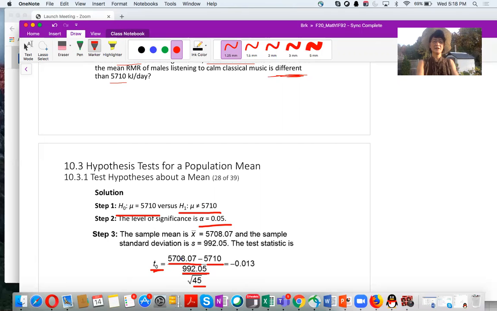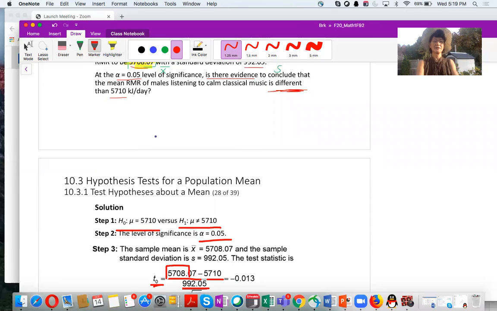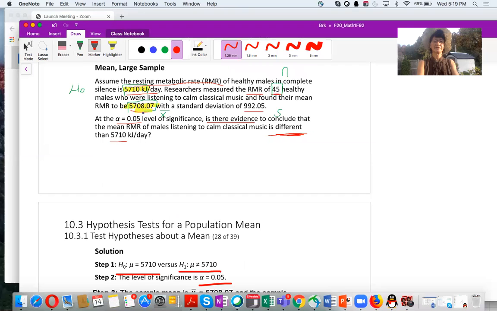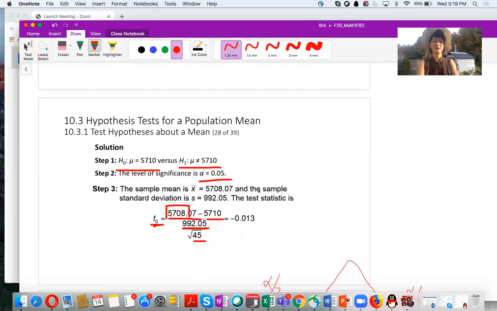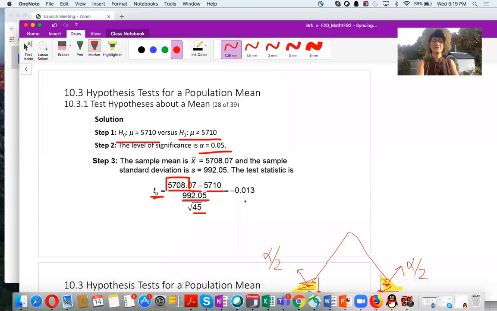How do we get this sample mean? It is given here. This one is x bar, and this number is the population mean mu, the hypothesis number, and we come up with the test statistic negative 0.013.